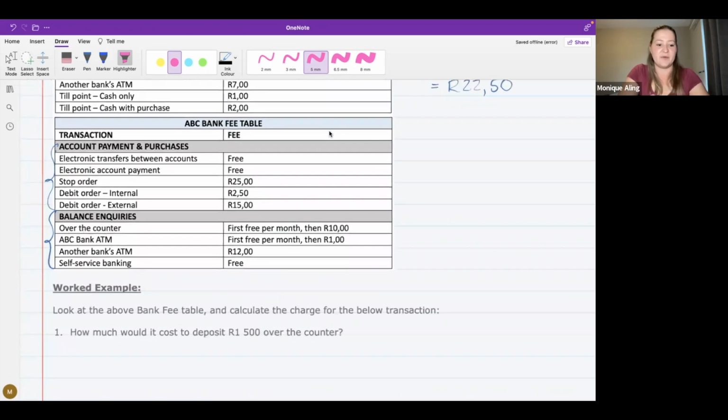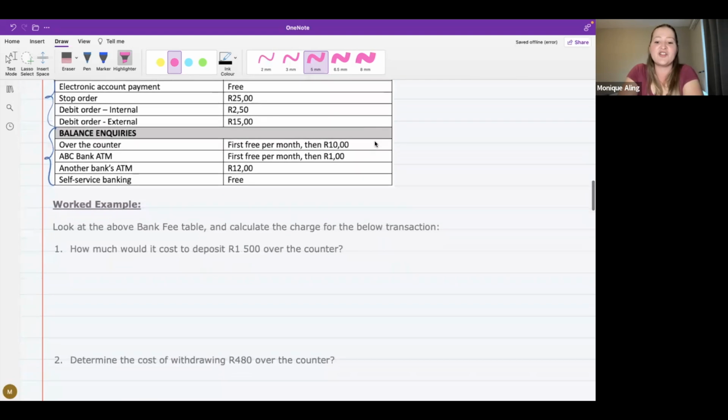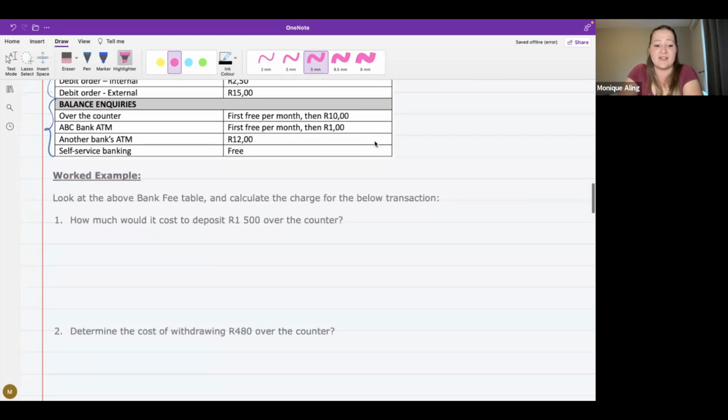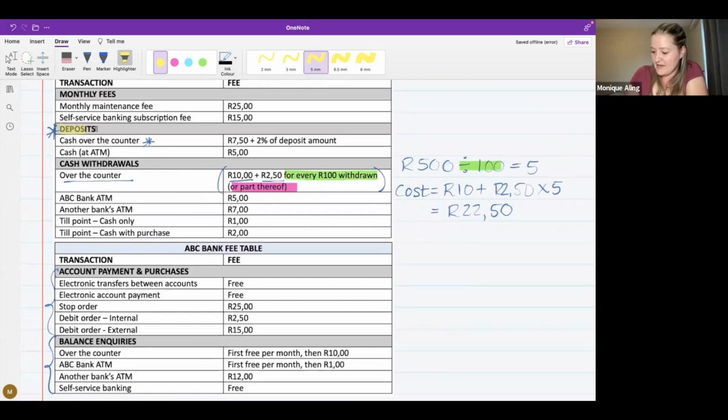So worked example. Look at the above bank fee table and calculate the charge for the below transaction. Question 1 says, how much would it cost to deposit 1,500 Rand over the counter? So the first thing, we need to look under deposits. So we're looking at the deposit section, which is over here.